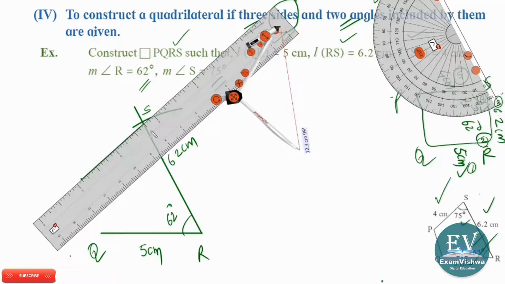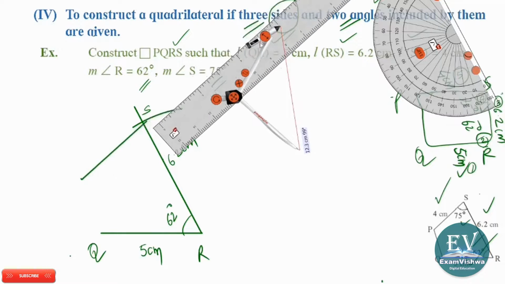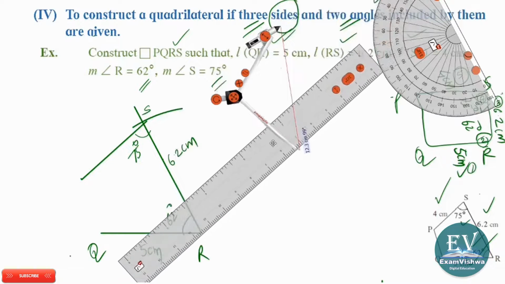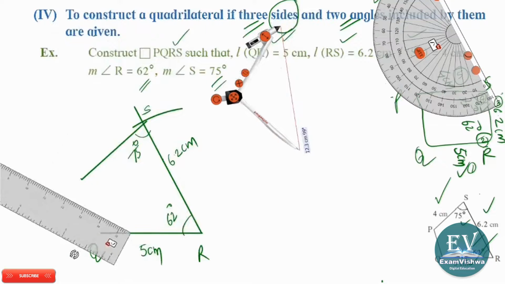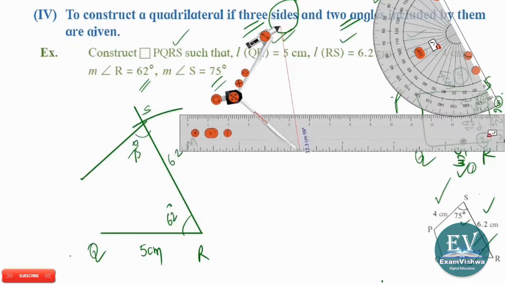Please bear with me because it is 75 degree and again I have to mark 4 centimeter on that side with the help of a compass. So let me take 4 centimeter on the compass.